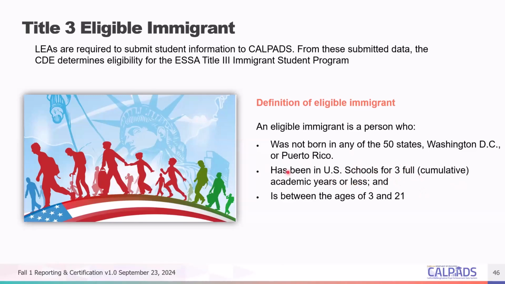Okay, so this is the only thing that you guys have to be monitoring every year. The 3 years cumulative years indicator should be monitored for the students. So after 3 years, those students should be marked as a no, and that's when they get taken out from this criteria.